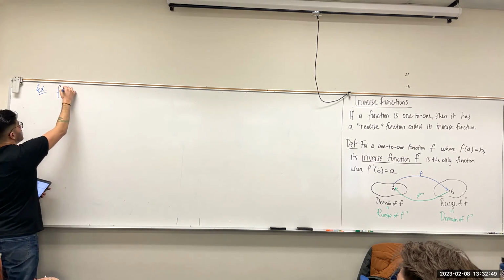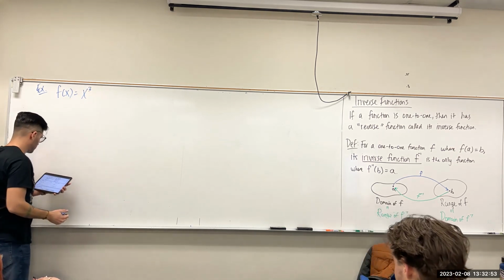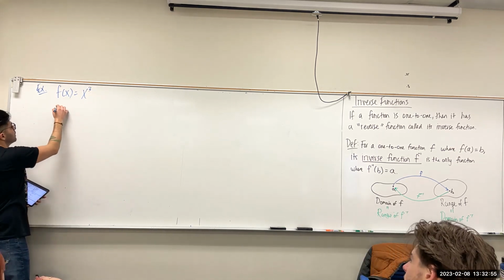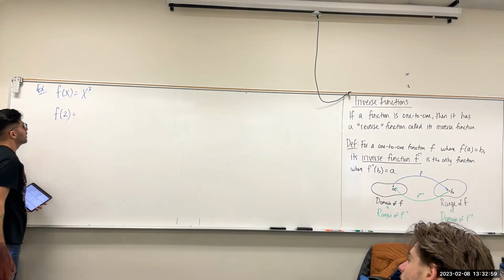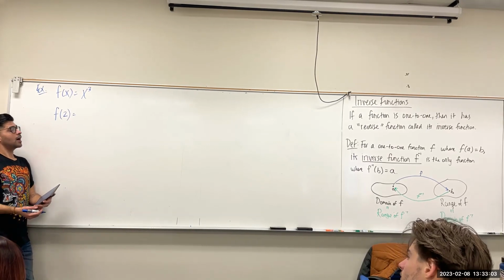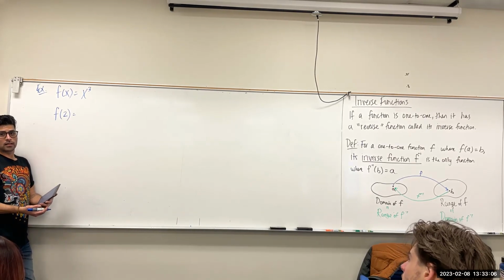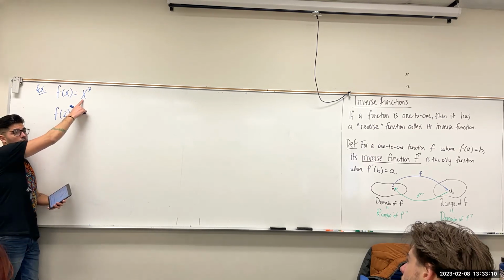So here's x cubed. And let's just compute some values here. If you input the number 2 into the x cubed function, what's the output? Plug in the 2 here, you cube it.